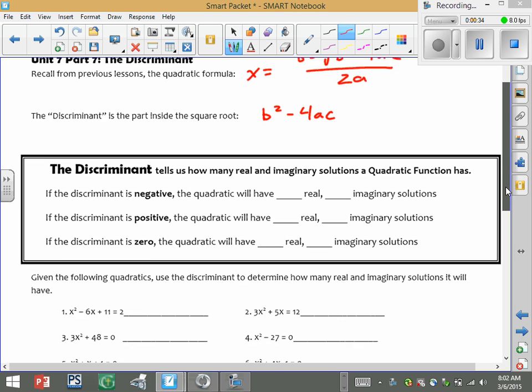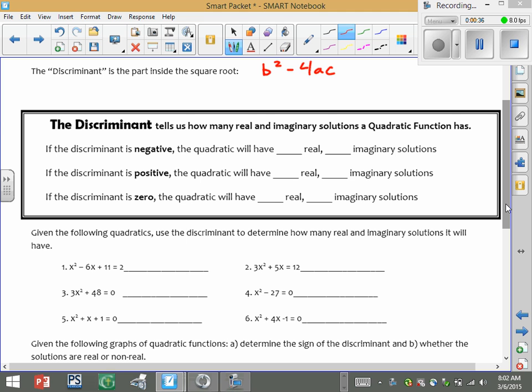If that discriminant, b squared minus 4ac, is negative, this quadratic will have no real solutions but two imaginary solutions. That would just mean the quadratic doesn't touch the x-axis. We've seen that already.